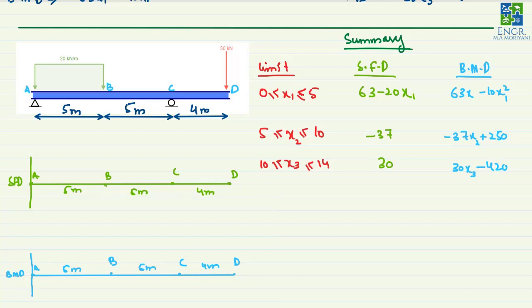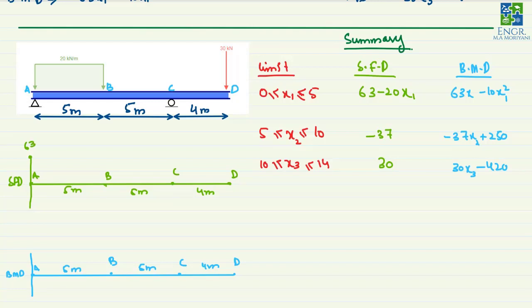Now, if you observe this equation closely, this is a linear equation which shows that from A to B, we will have a linear variation of the shear force diagram. So at A point, in order to determine the value of shear force at A, we have to put the value of x1 equal to 0. If we put x1 equal to 0, 20 into 0 will be 0, so the only value left will be 63. So this tells us that at A point, the value of shear force is positive 63.